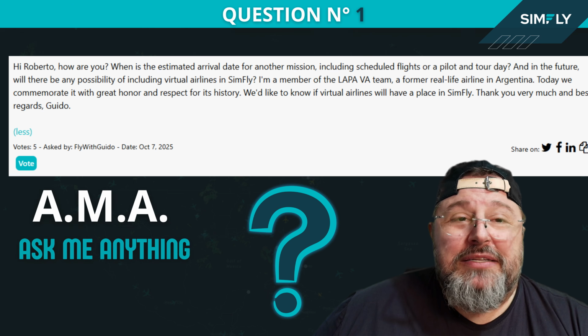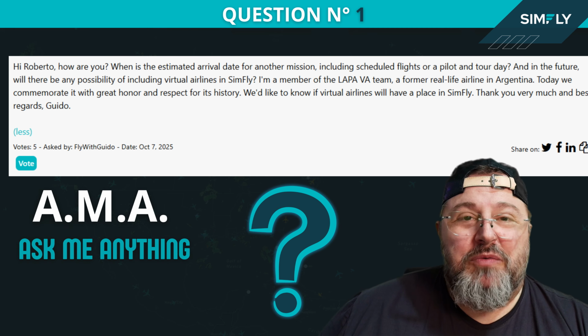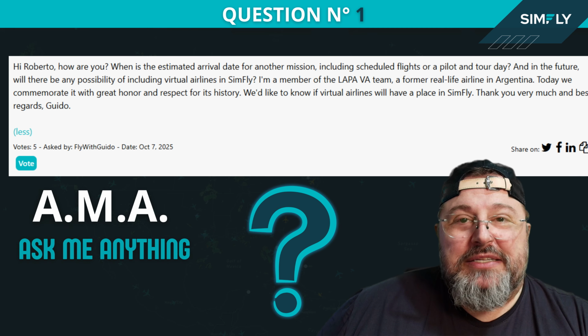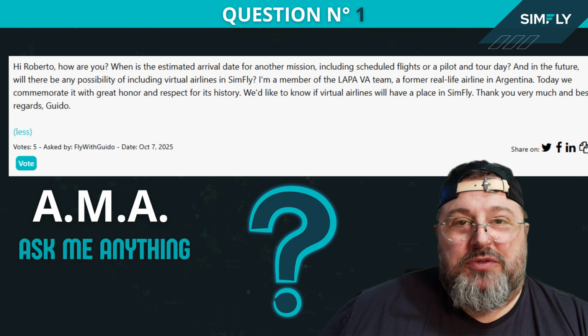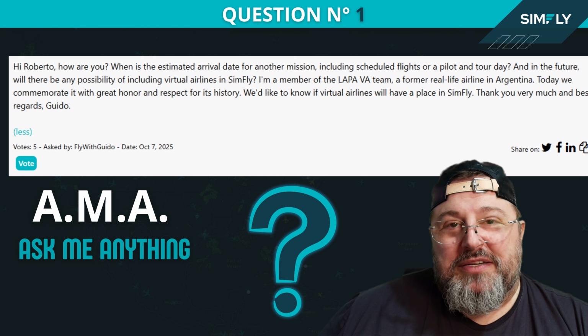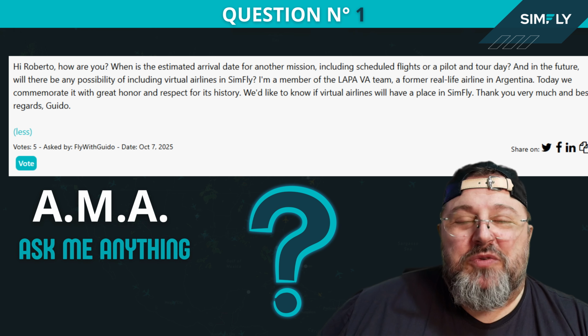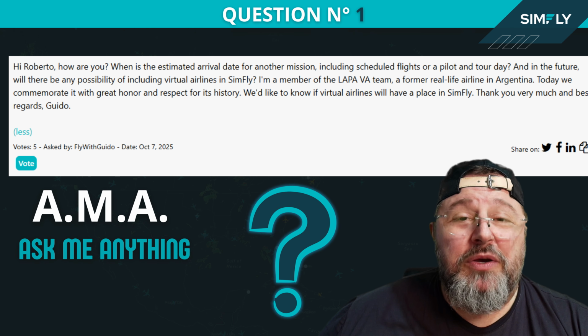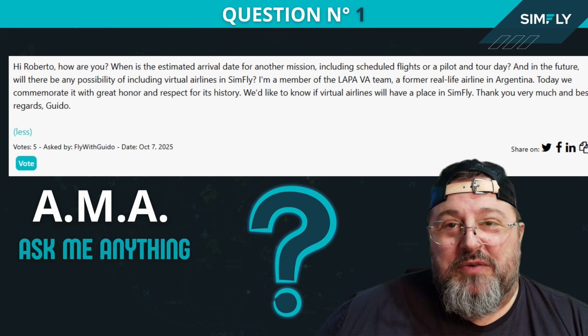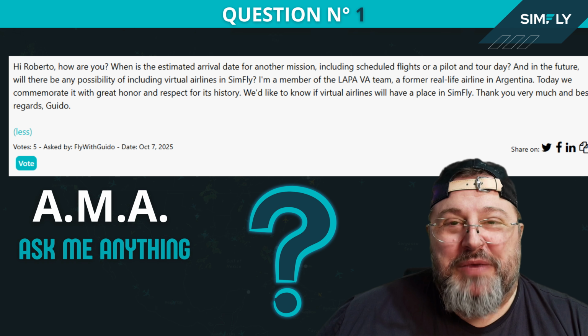Guido, yeah, we were thinking about virtual airlines from day one, even before we started implementing the website. But it is a complex structure to make: airplanes, salaries, people, crews, the mechanics of virtual airlines. But we're going to work on it now that we're over this user marketplace.